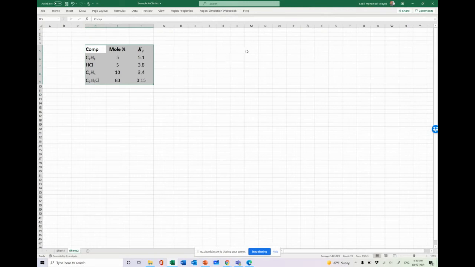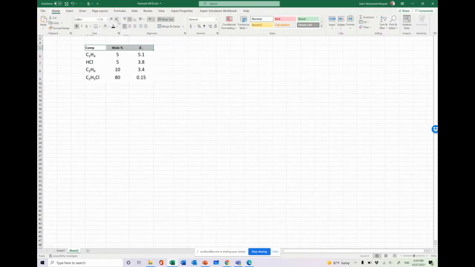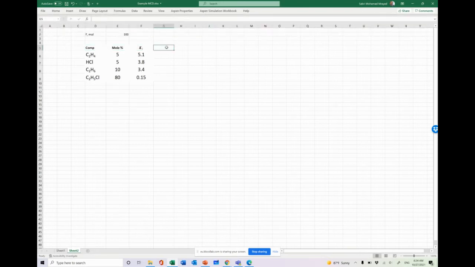So first of all, I have to calculate what now? Let's assume we have a feed, in moles, and I'll assume it is going to be 100 here. First thing I want to know is the relative volatility.